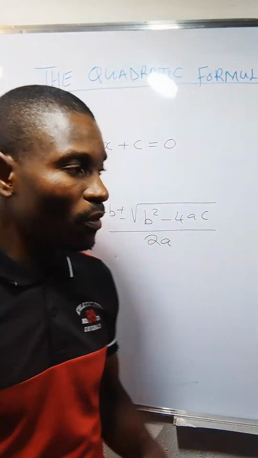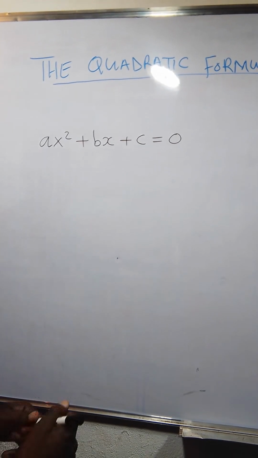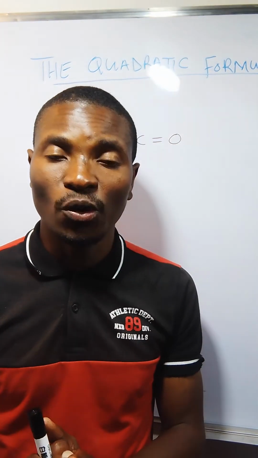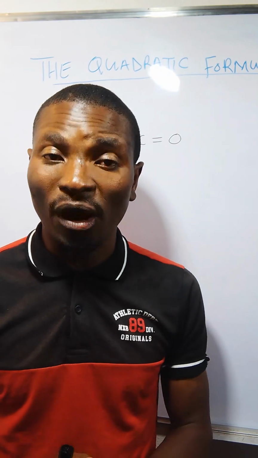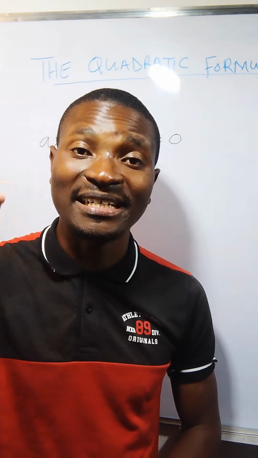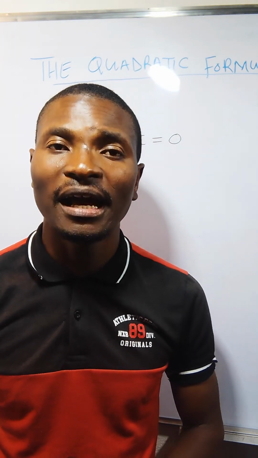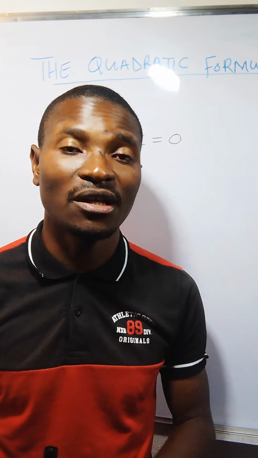Okay, so now we move on. The first thing that you do is to use what is known as the completing the square method. Once you use the completing the square method, everything is going to be correct.